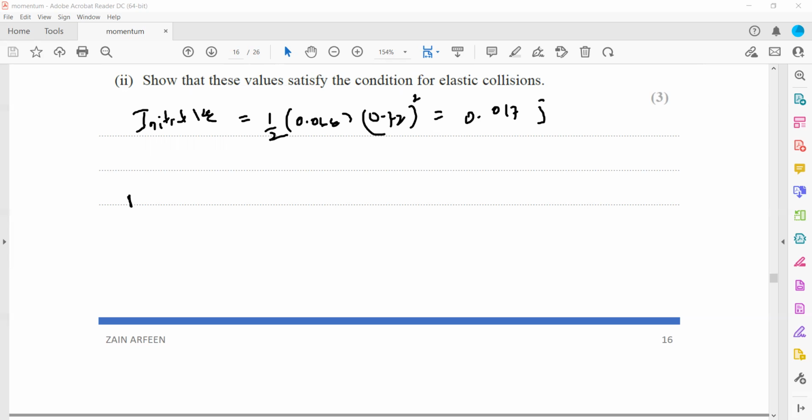Then the final kinetic energy will be the sum of the kinetic energy of ball 1 and ball 2. The kinetic energy of ball 1 after the collision is half m, 0.066, times the speed squared. When we are talking about kinetic energy, we don't take components, because kinetic energy is a scalar quantity. We just take the magnitude only. So the magnitude for the first ball after the collision was 0.63, whole square.